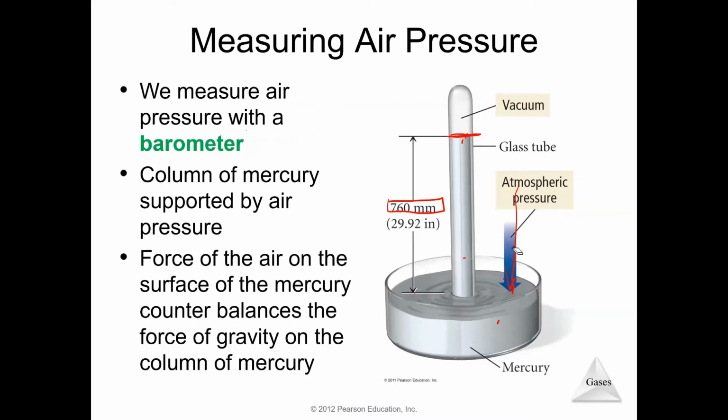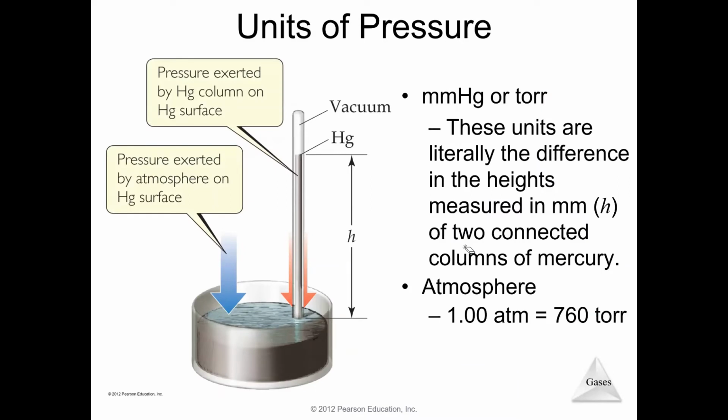By the way, they call this device a barometer. Another picture also showing it here. Now, 760 torr or millimeter mercury is equal to one atmosphere.